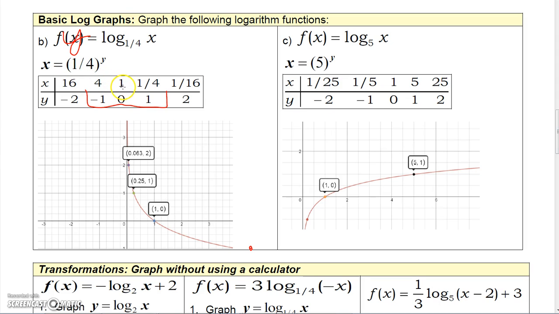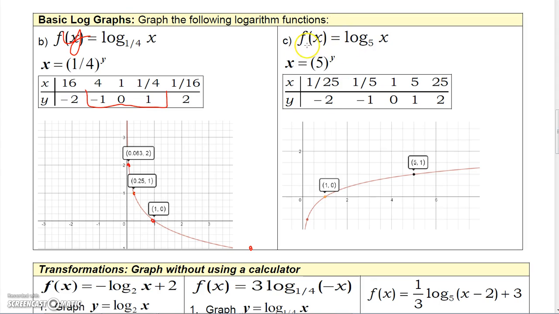Now 1, 0 would be right here, and then 1/4, 1 would be right here, and then 1/16, 2 would be right here. So I actually kind of fibbed a little bit. I'm actually going to use this one too. But if you look at these 4 points here, then you can see the graph is decreasing, and it also begins to flatten out as x gets large.